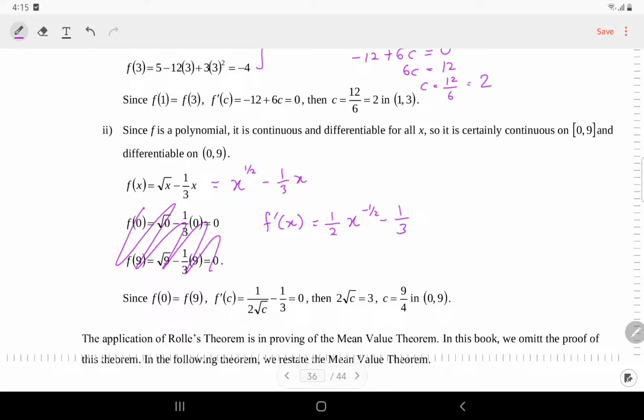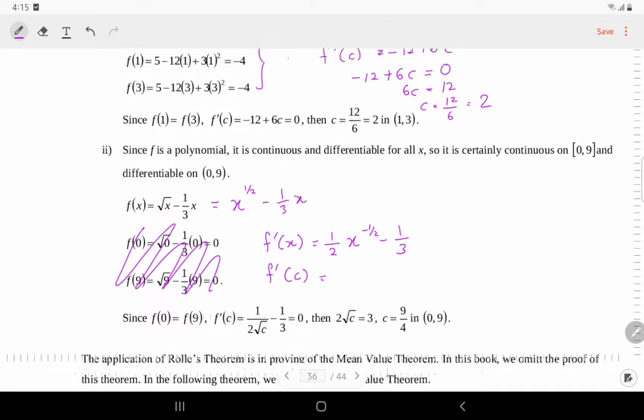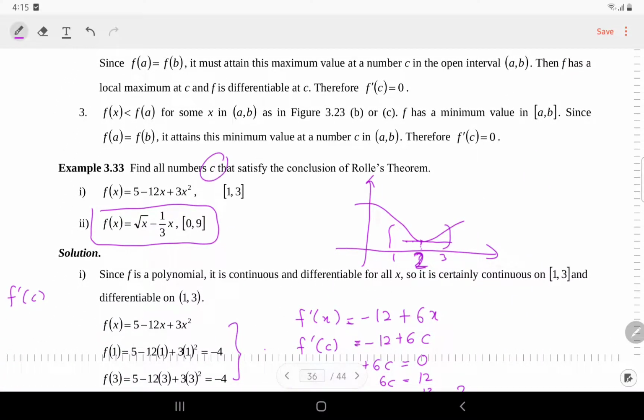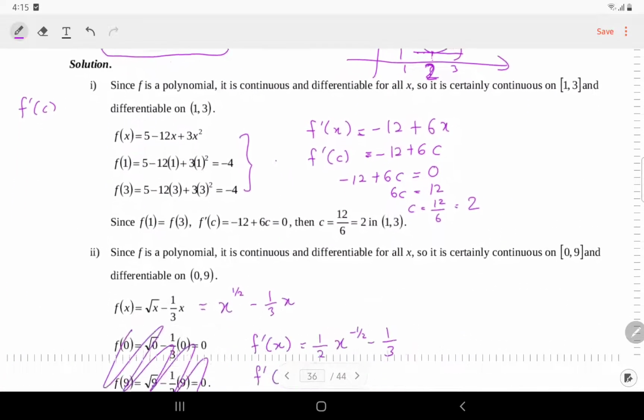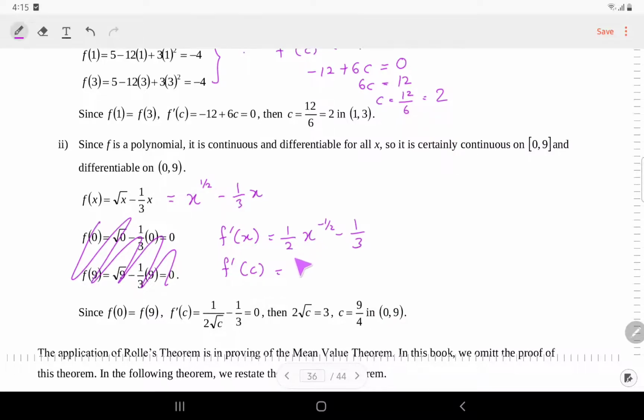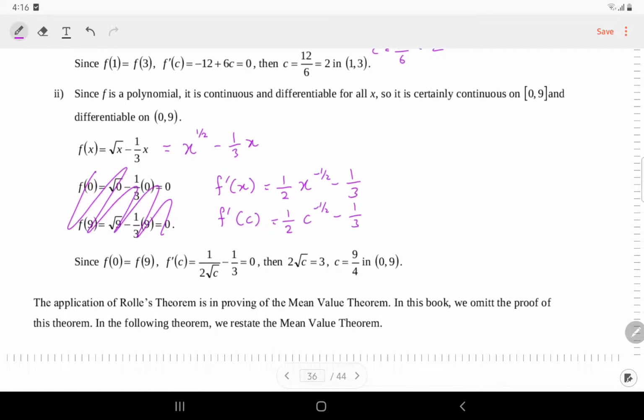And then we change it into f prime c, sebab dia nak point c, soalan dia kat sini c. Sebab tu kita kena cari f prime c. So our f prime c is like this. And then we equate it to 0. Ini sama dengan ni, c power of negative half is equal to this one, so equate it to 0.